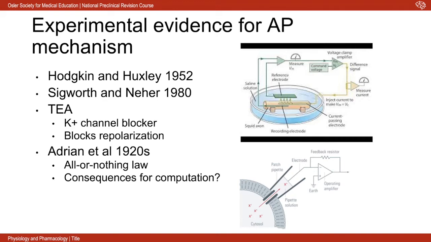One consequence of this phenomenon is the intensity of the stimulus cannot be communicated by a single action potential, and therefore information about its intensity must be gleaned from the frequency of action potentials, although there is an upper limit due to the refractory period, both absolute and relative. And so this has interesting implications for computation that you might want to consider.